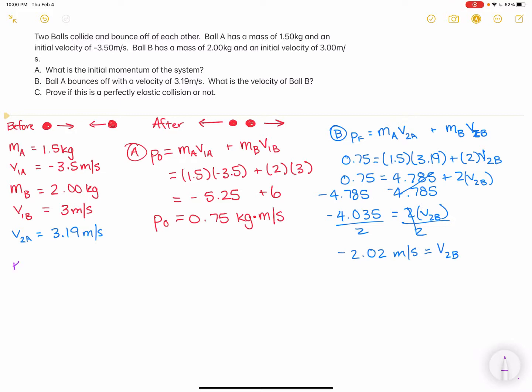Okay, so this is going to be kind of an ordeal, I'm not going to lie. 1/2 m_A v_1A squared plus 1/2 m_B v_1B squared. And I'm going to put the other one over here.